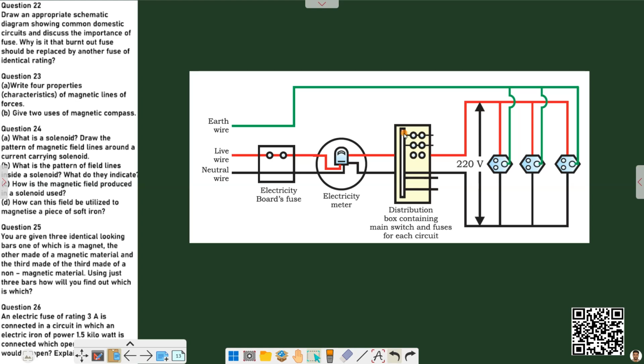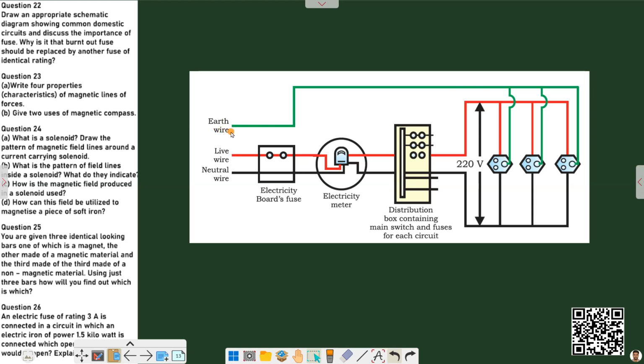Now out of these fuses we separate power in parallel connections to each room or each appliance, and there is a third wire, the green wire, connected to each appliance so that we can provide proper grounding in case any short circuit happens.